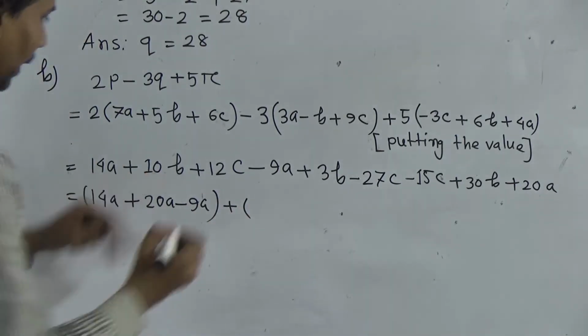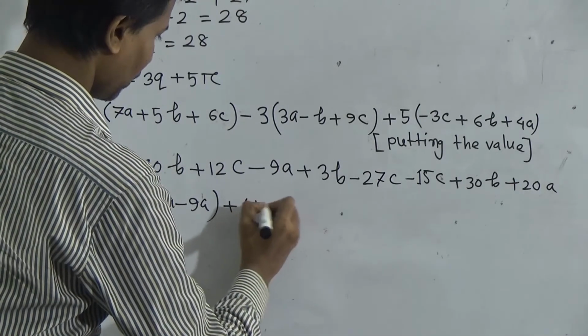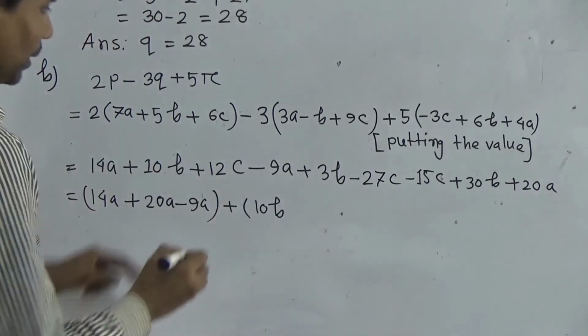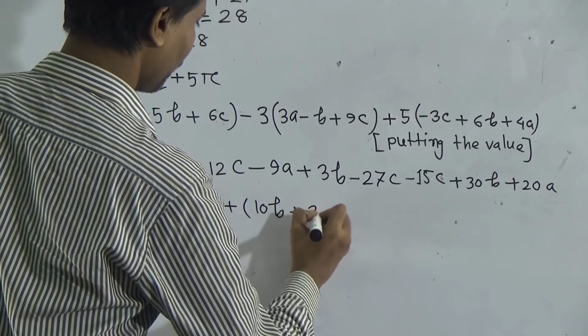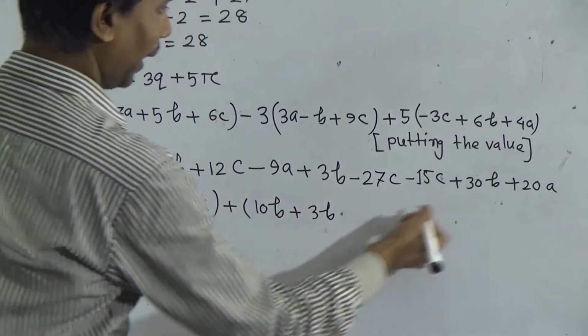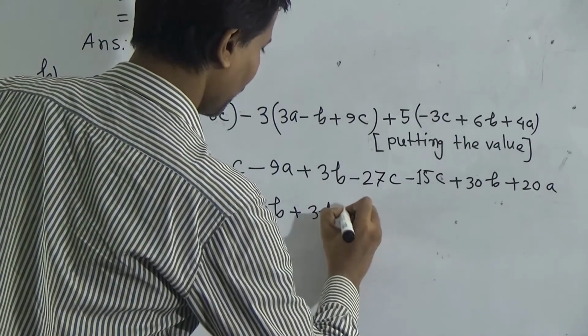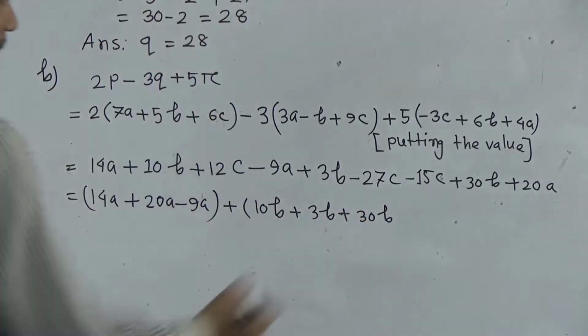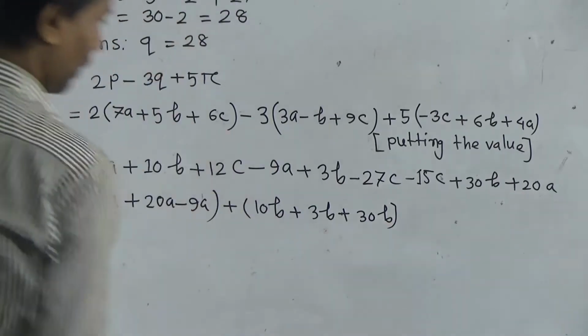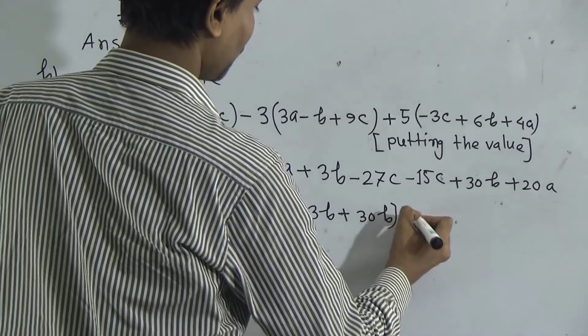Okay, now you have to arrange the B. See here 10B, then plus 3B, then plus 30B, right here 30B. Okay, and give the first bracket. Now write plus.